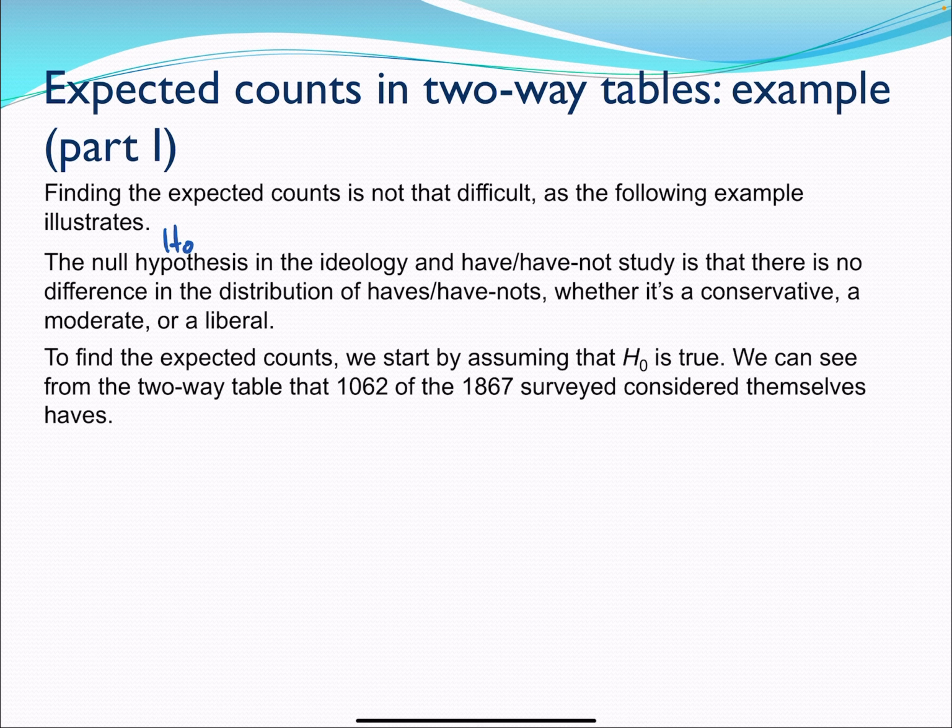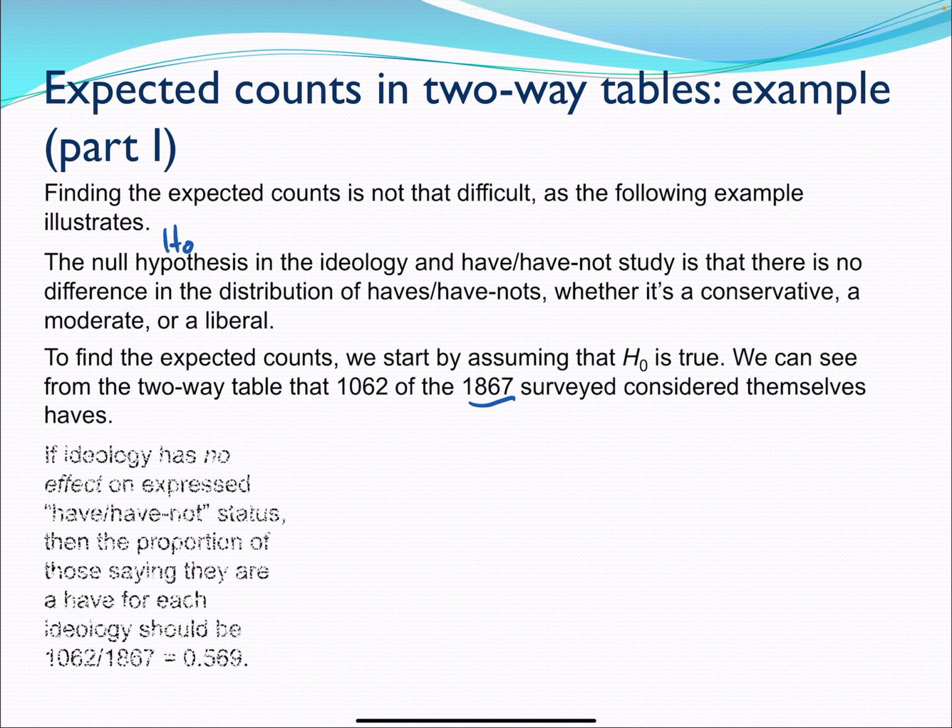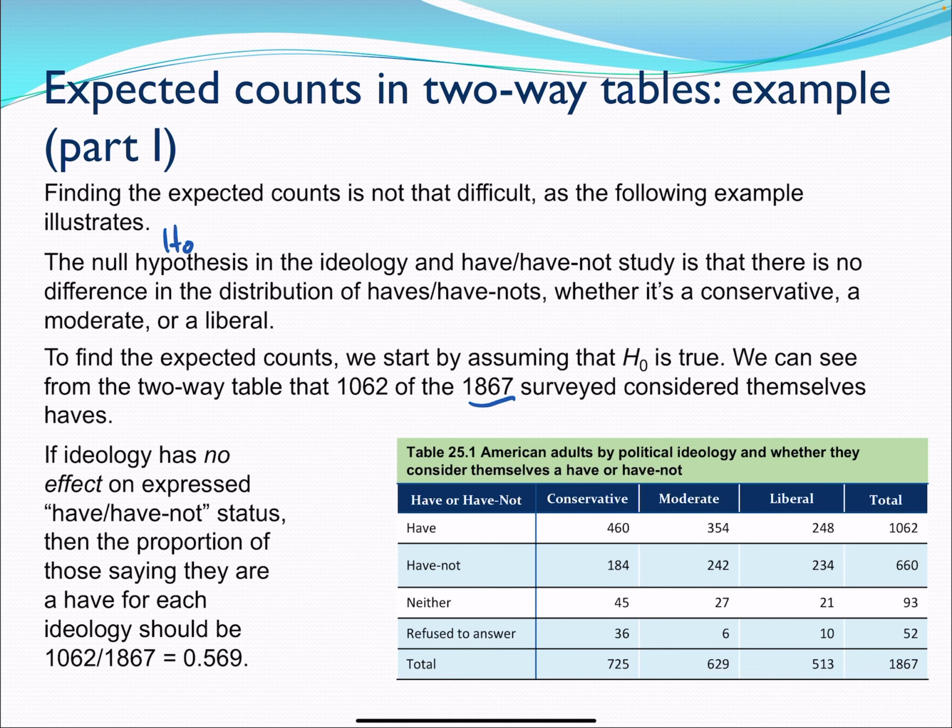To find the expected counts, we start by assuming H naught is true, and we see from the two-way table that 1,062 of the 1,867 surveyed consider themselves haves, right? So our total number of haves out of our total would be 1,867.